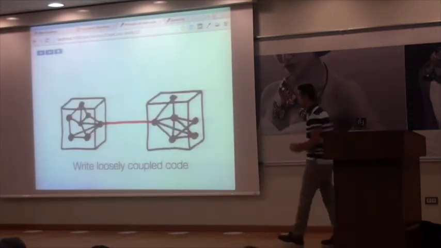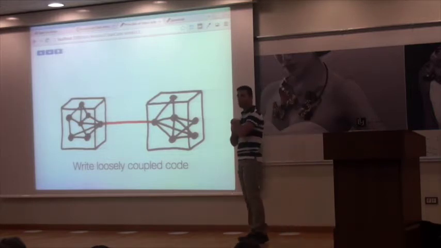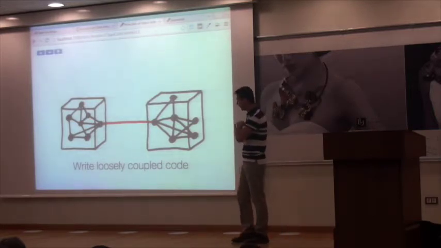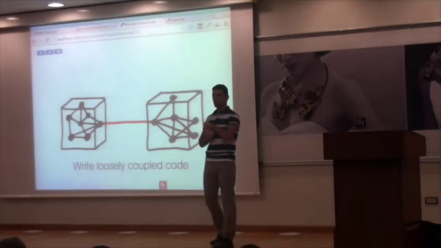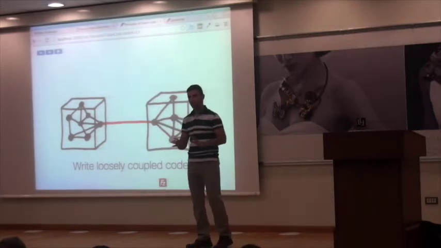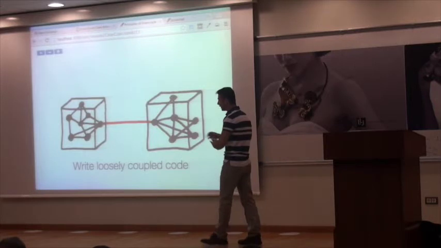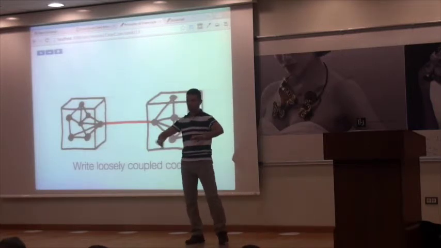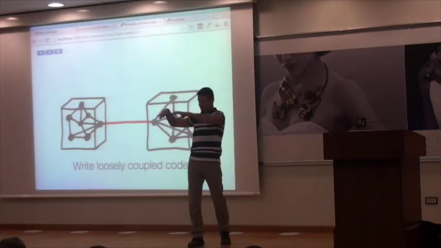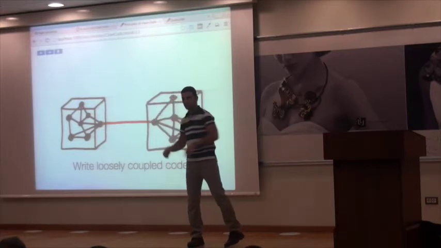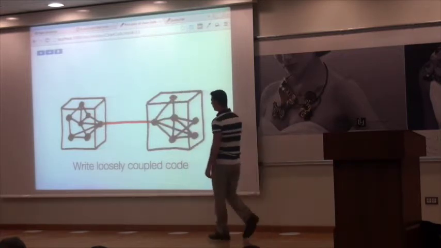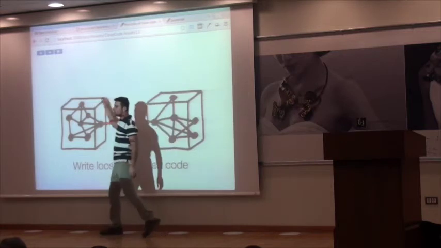Okay. This is probably one of the most important things that I hope you take away from this part, which is to write loosely coupled code. So what do I mean by this? We talked about breaking our code up into pieces, into modules, into separate groups of stuff. So imagine this is a group of stuff, and this is a group of stuff.